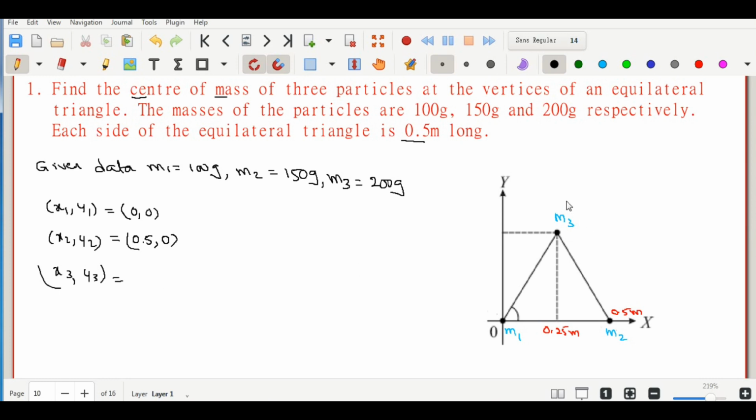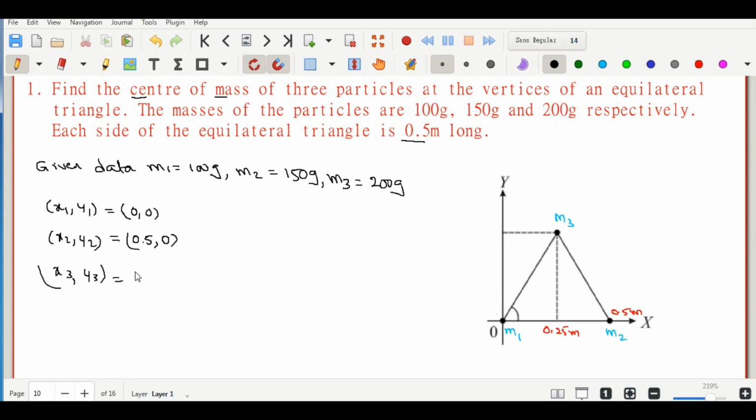Now x3, y3 is the location of m3. So I have to find x3, which is this distance from the origin.